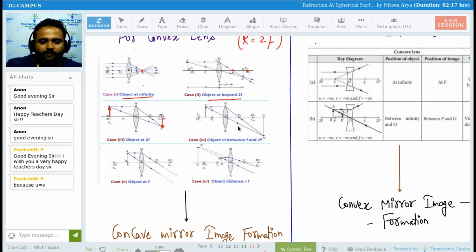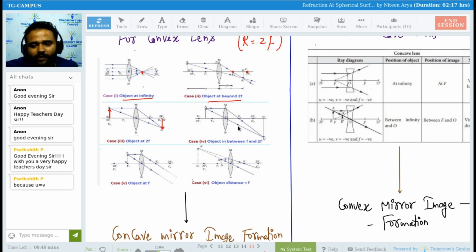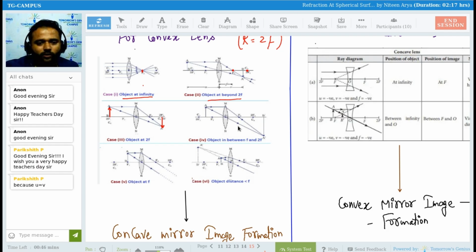Clear? Whereas in convex mirror, we have only two cases. Anywhere you can put the object, you can get the image at focus. If the incident rays are coming from infinity, the image is going to be very, very small, or diminished, and we can get it at focus.